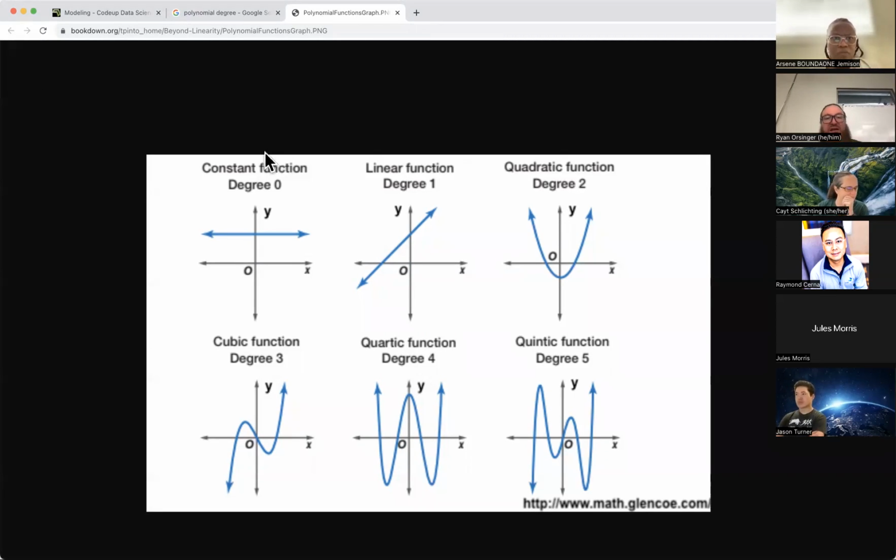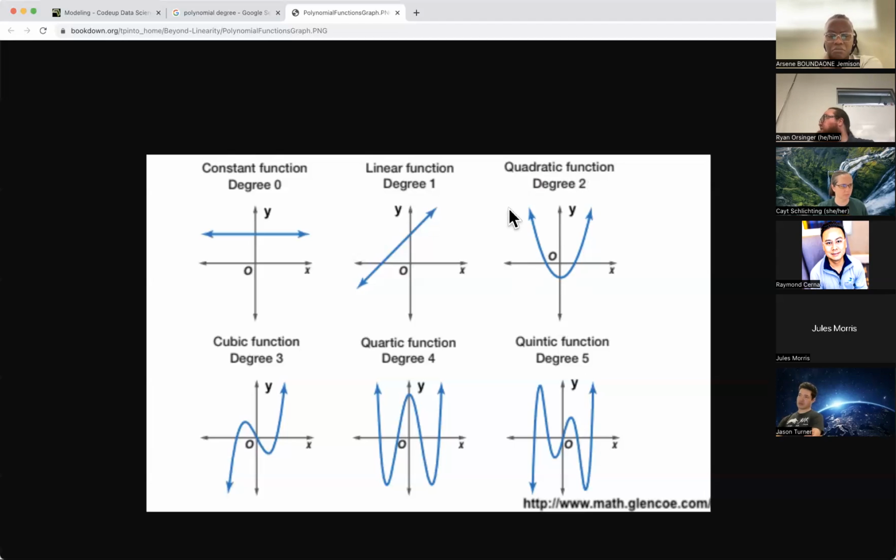Let's talk about that degree and how to determine what you want your degree to be. Okay. So visually, a degree 0 is a horizontal line. Degree 1 is a straight line with some slope. Degree 2, it's basically like n-1 curves, right?